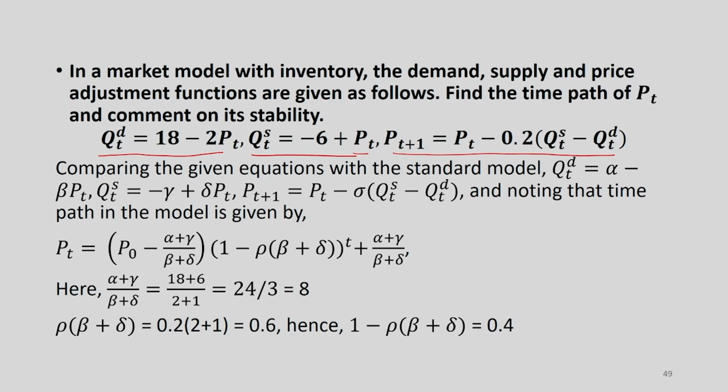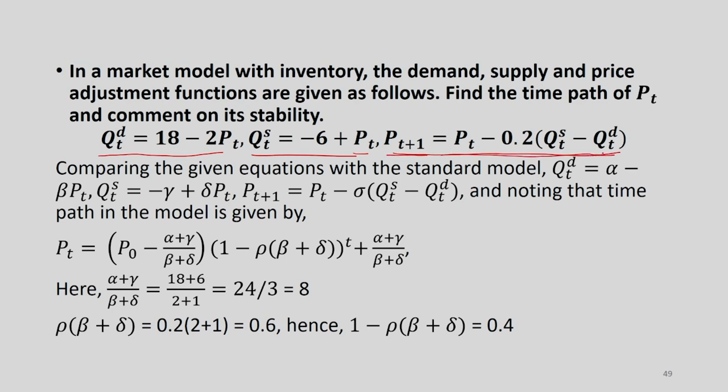That was determined by the market mechanism. Here the market is not competitive in this model, the inventory model. Here the producers actually have some discretion over the price, they control the price, and the price adjustment they do is given by this.